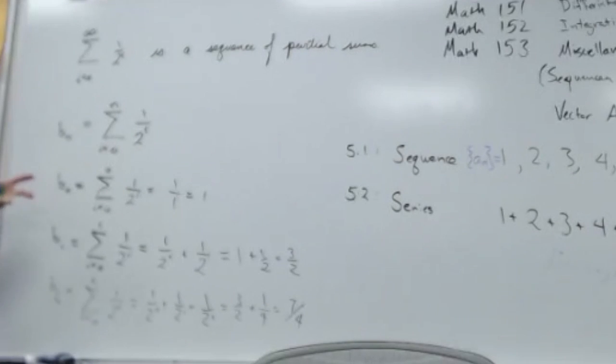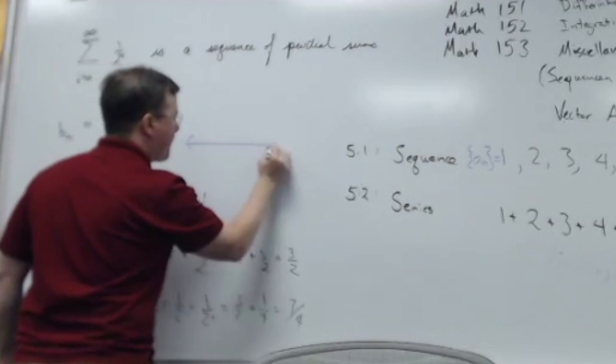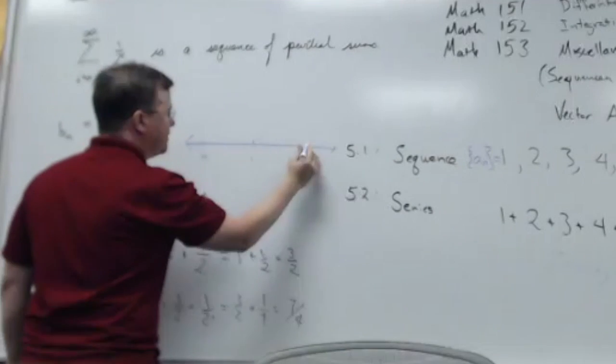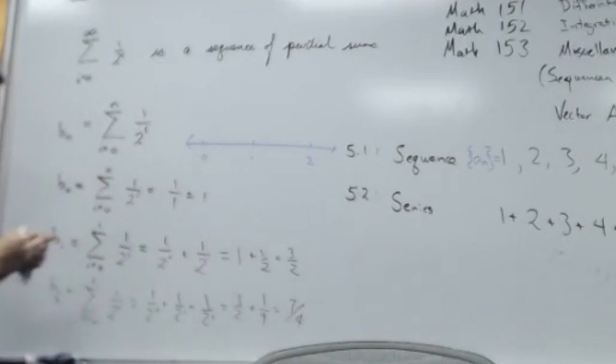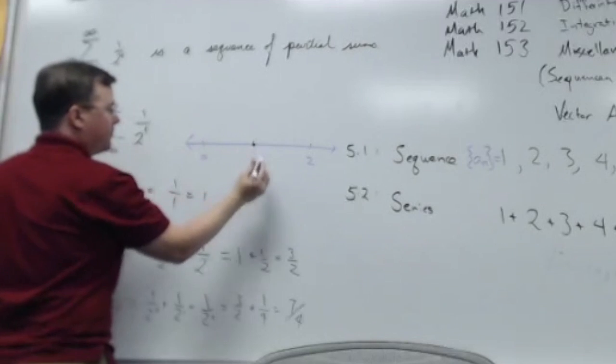And you start to get a sense of how this sequence is growing, right? As you can see on a number line, if this is 0, and this is 1, and this is 2, it looks like the first term of my sequence of partial sums starts right here.